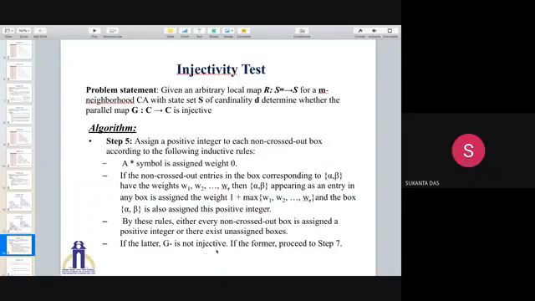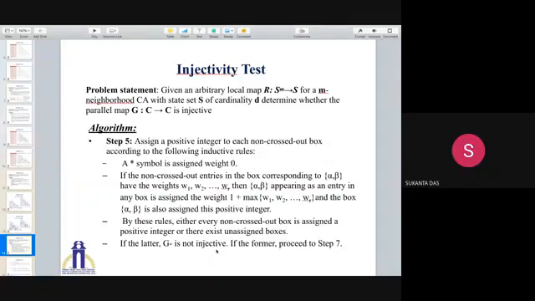First condition, what I have seen, in step 3: if against an entry for the set alpha beta, the sequence set is itself alpha beta, we declare the CA is not injective.